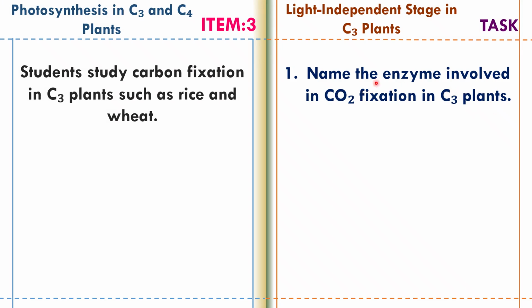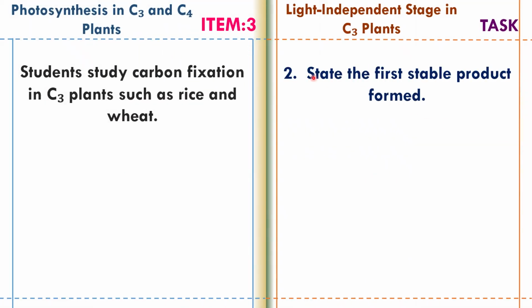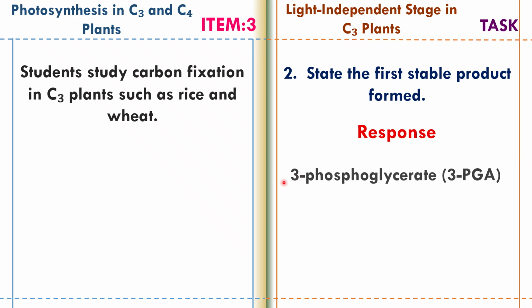Name the enzyme involved in carbon fixation in C3 plants. The enzyme is Rubisco, ribulose 1,5-bisphosphate carboxylase/oxygenase. State the first stable product formed. 3-phosphoglycerate, 3-PGA.